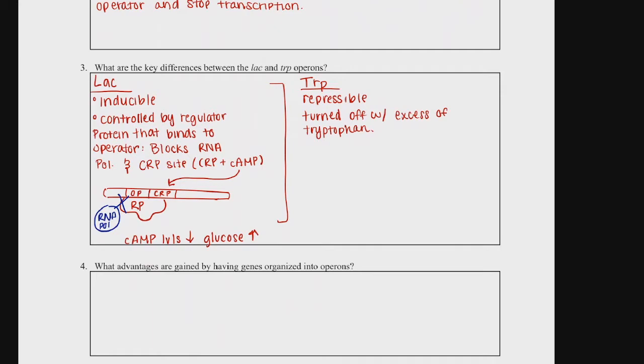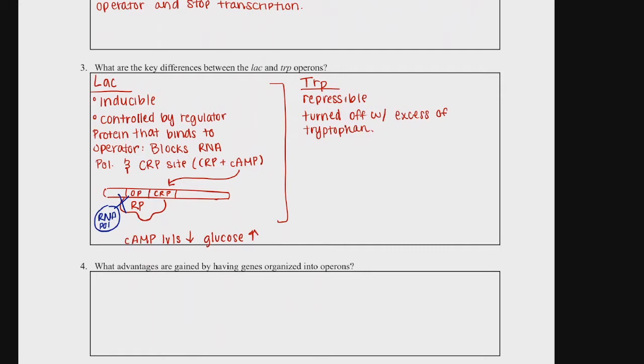So this is more efficient than having a gene under independent control where you'd have to go through every individual one and turn this on and then turn this on and then turn this on. It was like how you see those old movies of Frankenstein and he's turning all of the switches on in his lab, and instead of that it was just one light switch. That's kind of what's going on here.